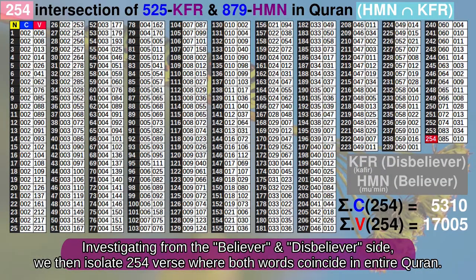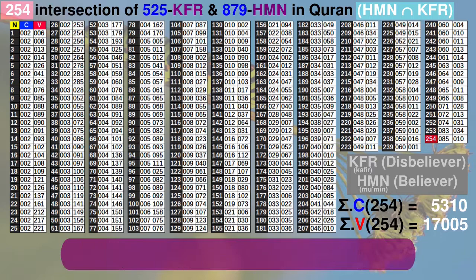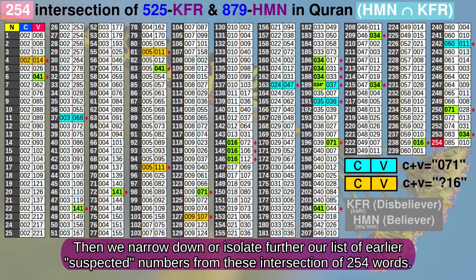Investigating from the believer and disbeliever side, we then isolate 254 verses where both words coincide in the entire Quran. Then we narrow down, or isolate further, our list of earlier suspected numbers from this intersection of 254 words.